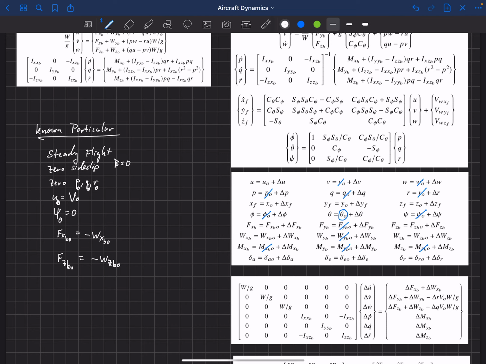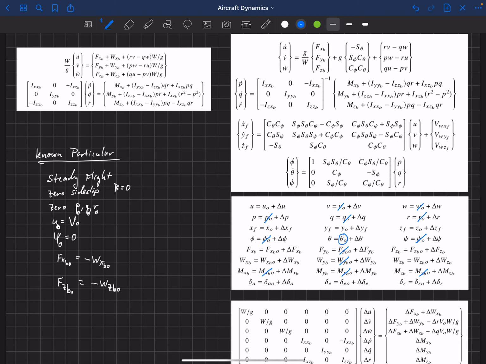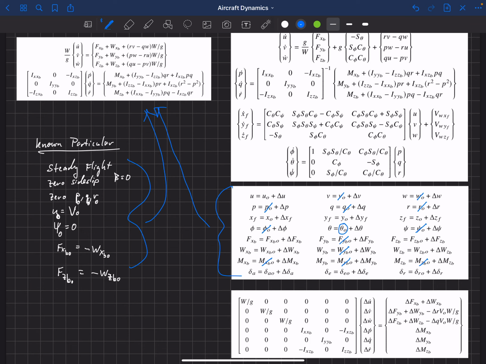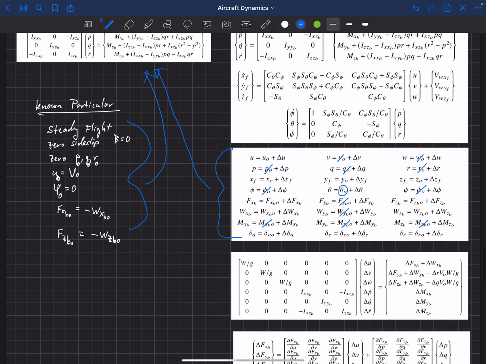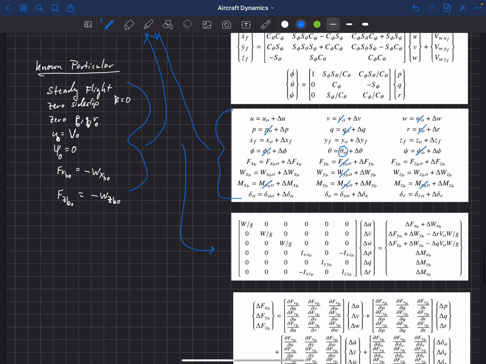So if we now take all of this information and plug it into this equation, and drop out all of these terms that are 0, what we get is an equation that looks like this.